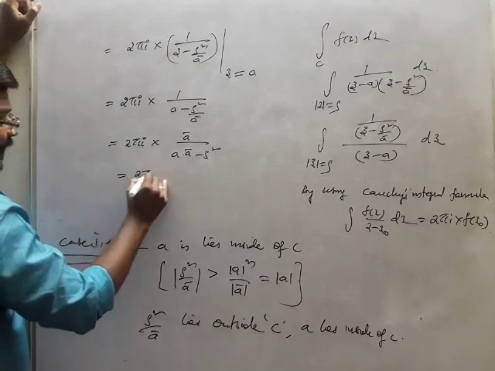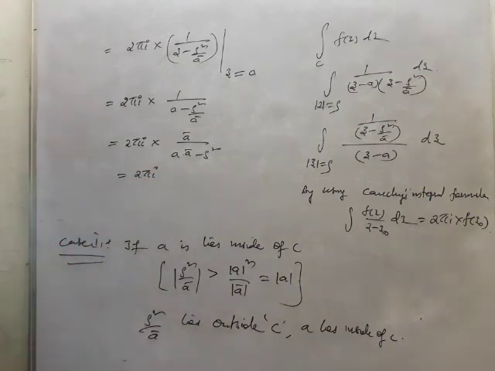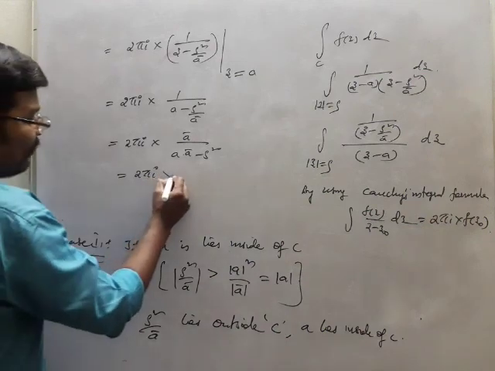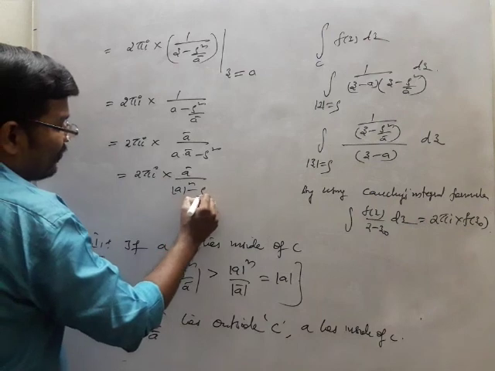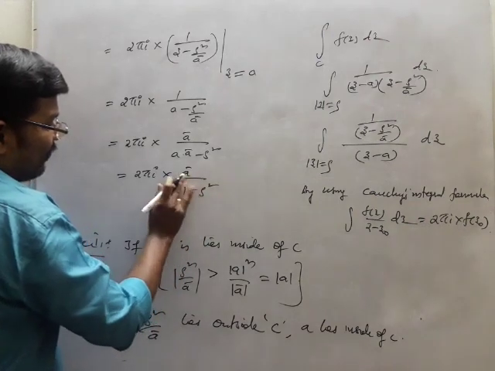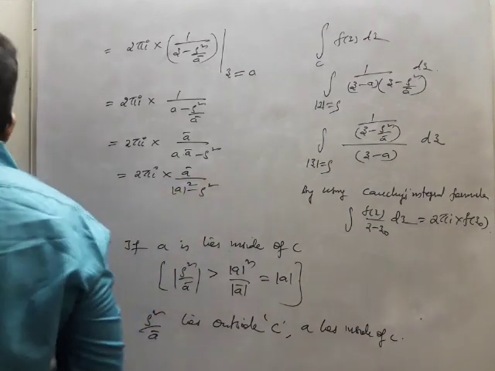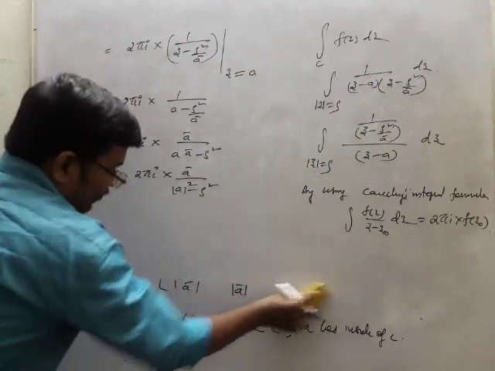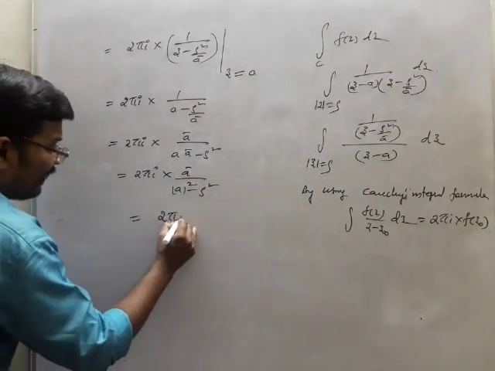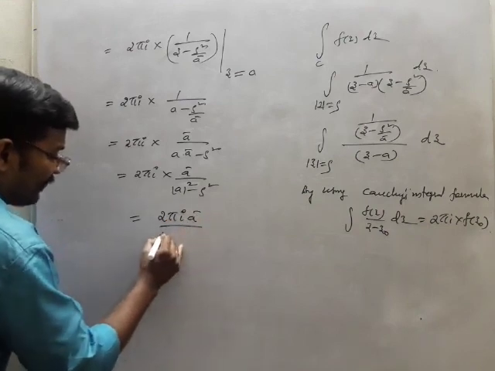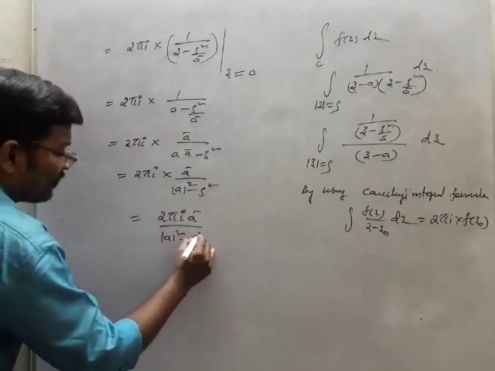This is 2 pi i into a bar by mod a square minus rho square. Now what is the value you got? You got 2 pi i a bar by mod a square minus rho square.